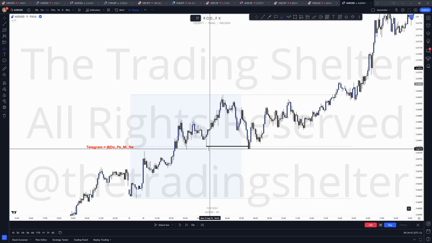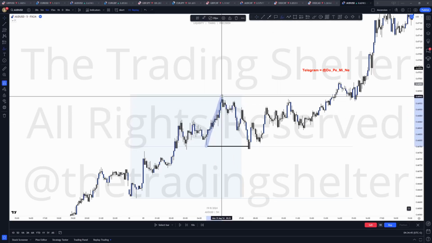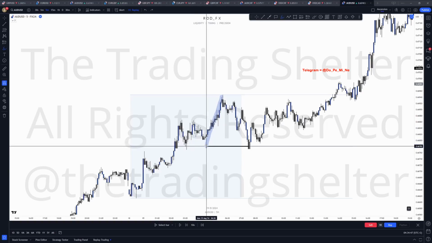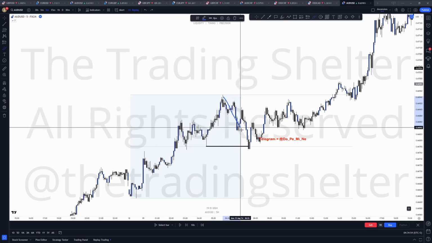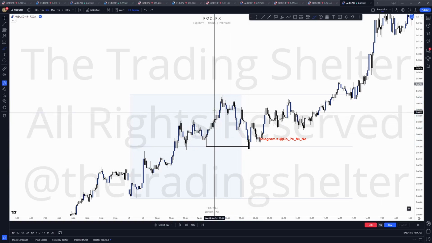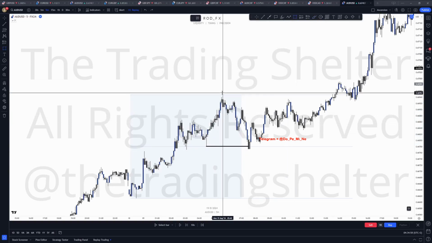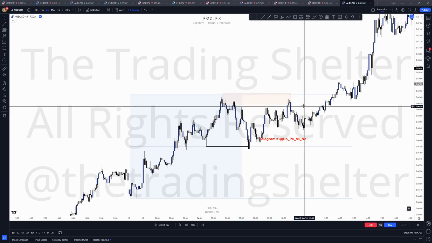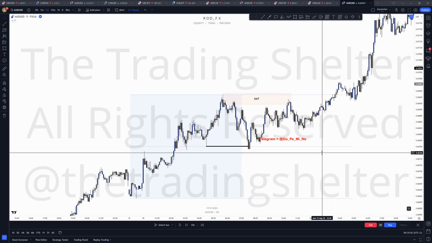This point led to the new high, right? So this is a valid structural leg. We'll talk about structural legs in another video. And then this point broke below. And as we can see, this zone became a smart money trap.